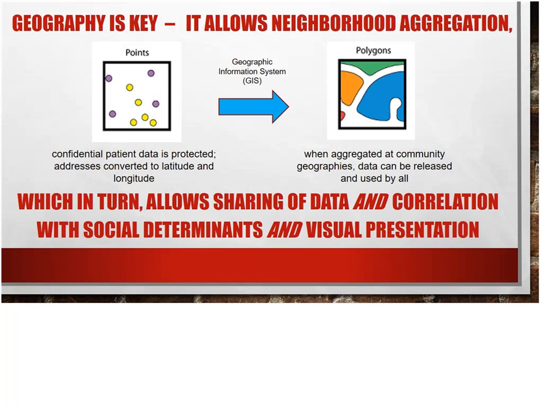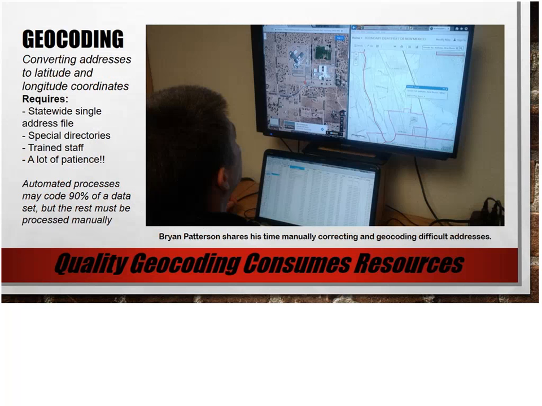Then they become aggregated at community geographies, and they can be released and used by a lot of different partners and actors in public health. So this also allows data to be correlated with social determinants, and also allows us to do visual presentations. And so geocoding is the actual work of converting addresses to latitude and longitude coordinates.